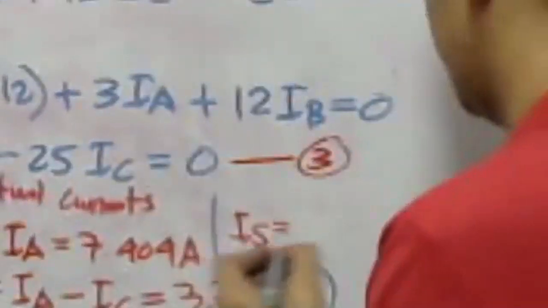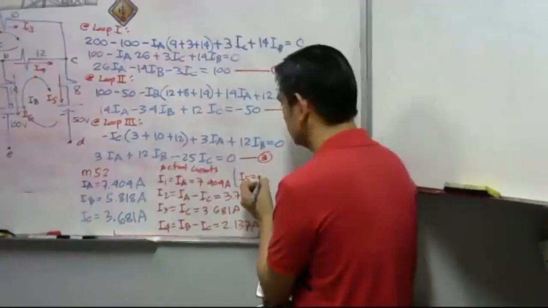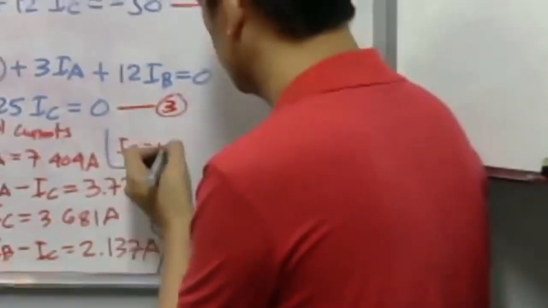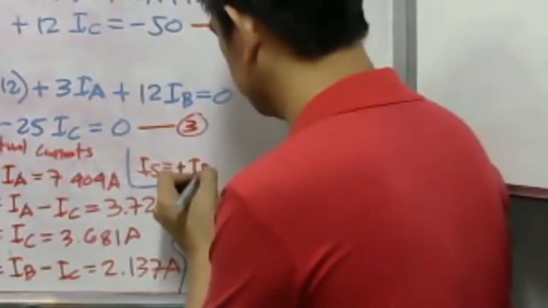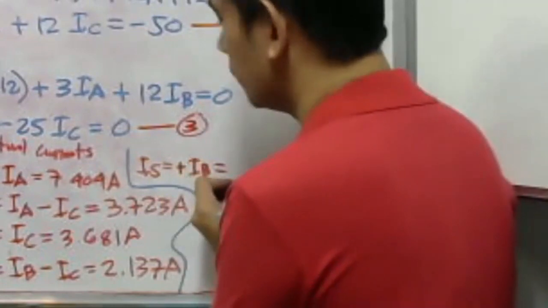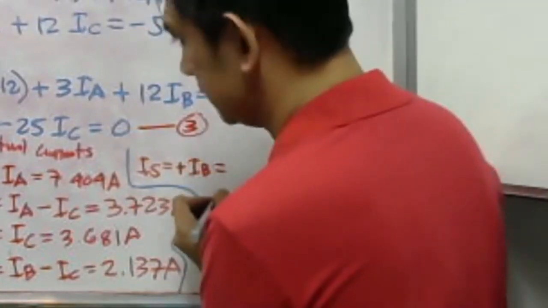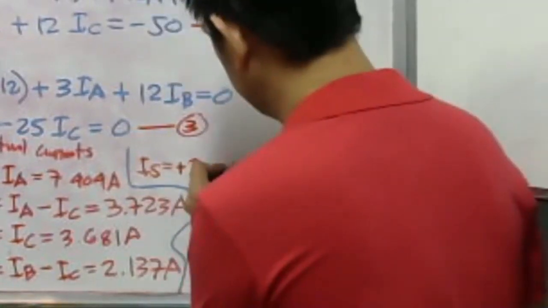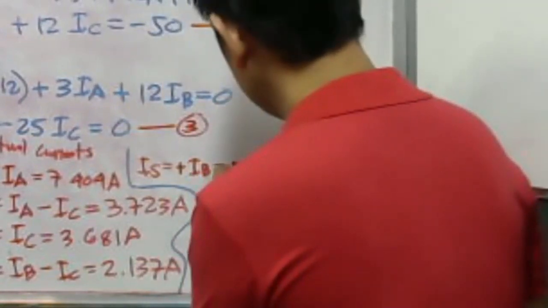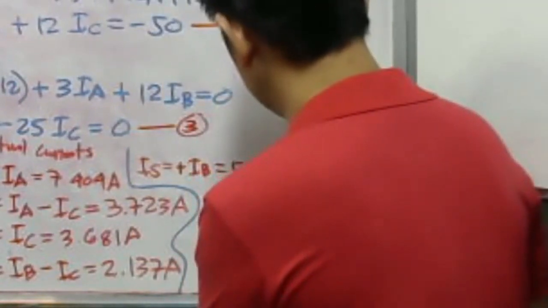The same direction. So, they are just equal. I sub 5 is simply equal to positive I sub B. So, what is I sub B? 5.818 amperes. See?